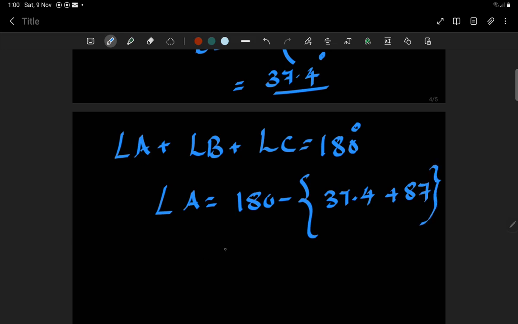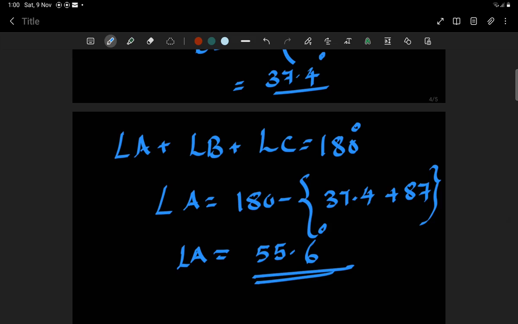How much is the answer? 55.6. This is angle A. This is the meaning of solve the triangle.